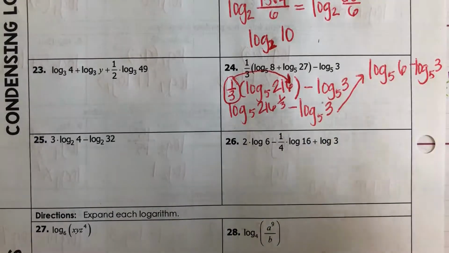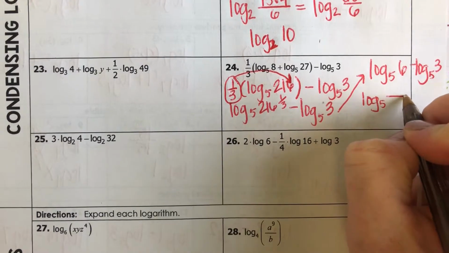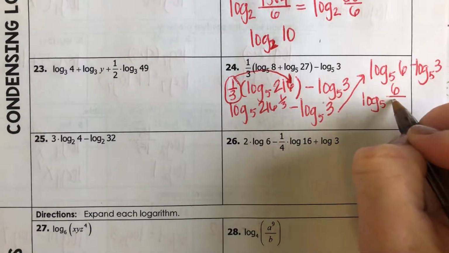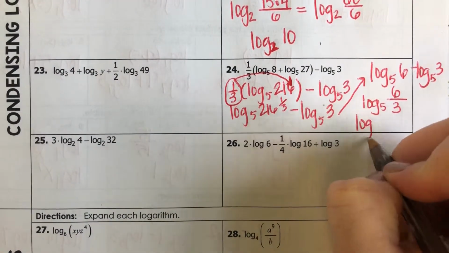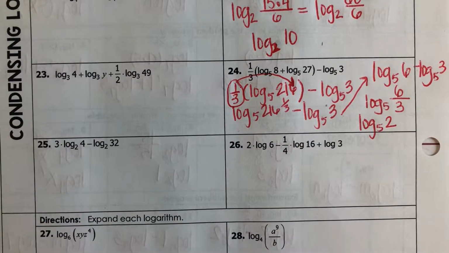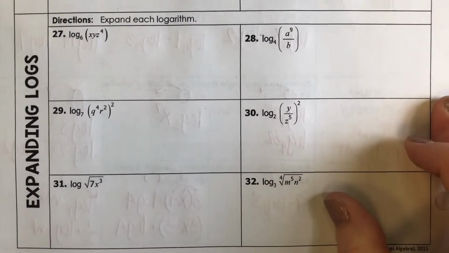Now because of the subtraction, I am going to put these together using division. The 6 is going to go in the top, the 3 is going to go in the bottom, and there's one more step here. 6 divided by 3 is 2, okay?